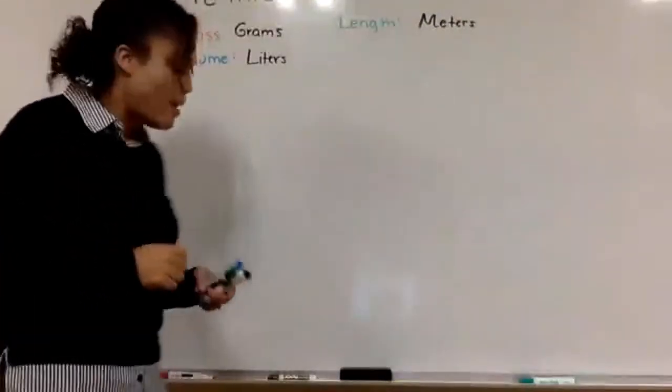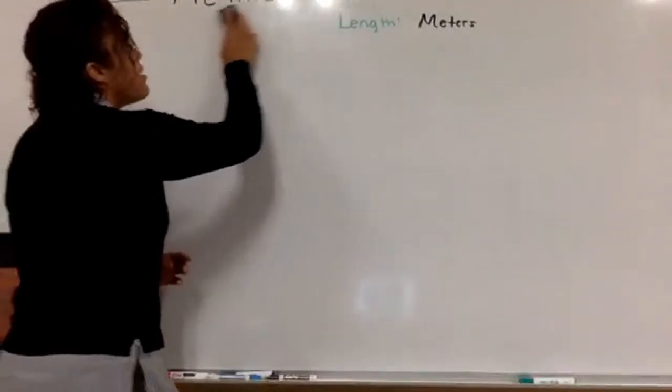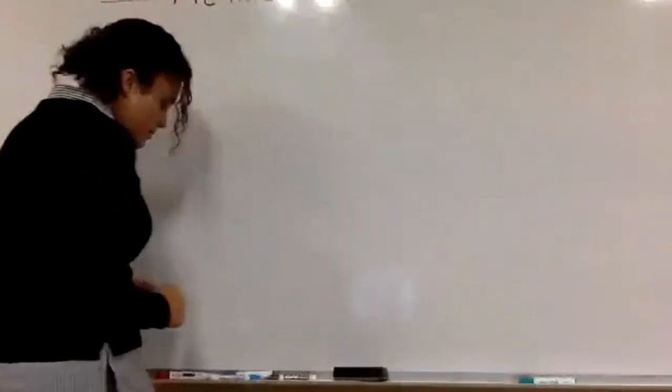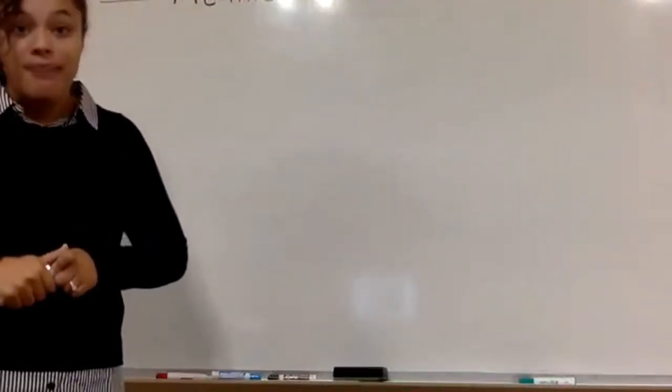So let's talk about that conversion and how we move up and down the scale of the metric system. What you're going to do on your page is draw 7 steps. To give you an idea of what this looks like on my page, these are what my 7 steps look like.